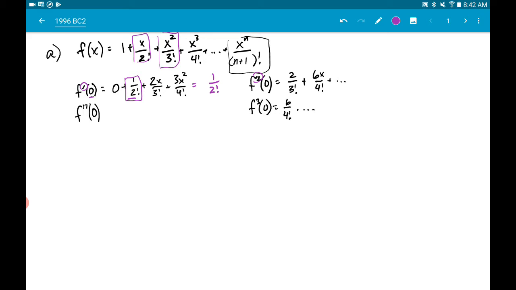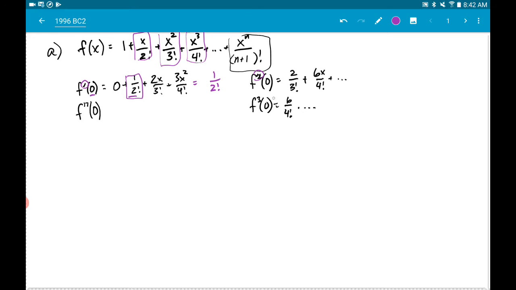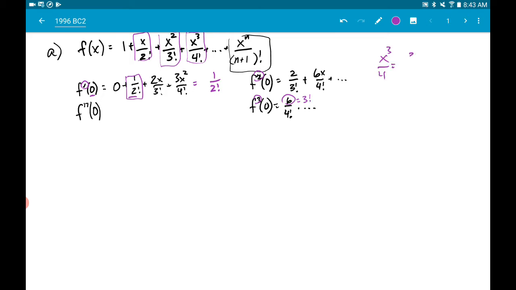And the third derivative, the only thing that was left over was this. And if you think of this 3 as the 6 pattern, it's really 3 factorial. Because what you did here was, if you started with this term, you did 3 times 2 times 1, and then the 4 factorial is just hanging out.